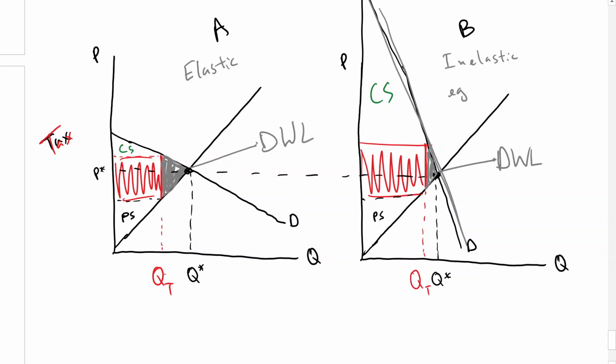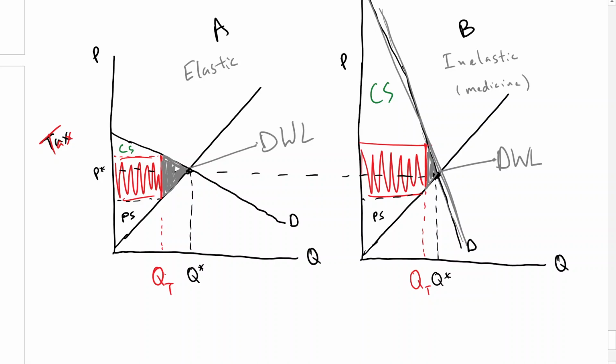So for example, anything that, as the price increases, like important medicine, for example. When the price goes up, people are still going to be willing to have very similar demand because they need it. So they're willing to pay extra high prices in order to still have it.